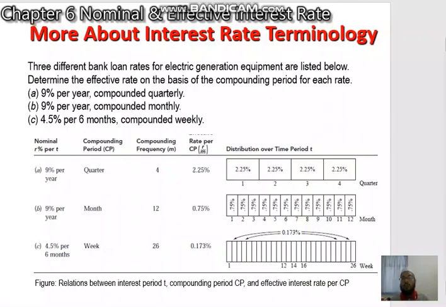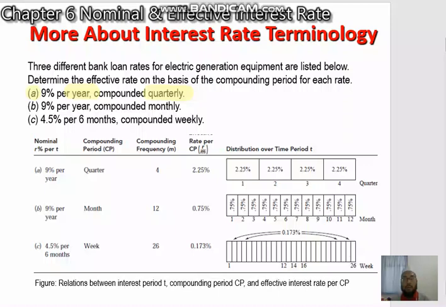If we look at the example of this compounding effect. Okay, so three different bank loan rates for electrical generation equipment: determine the effective rate on the basis of the compounding period for each rate. So we look at the first example here, 9% per year compounded quarterly. We can see that the compounding period is less than the interest period, yearly.